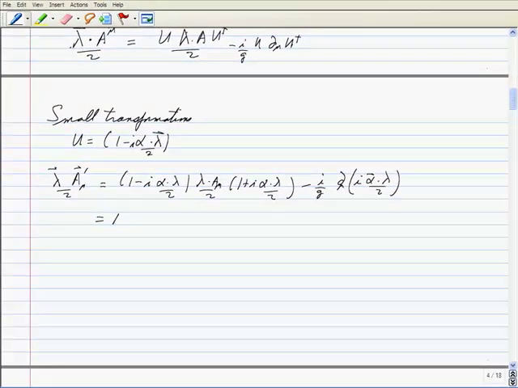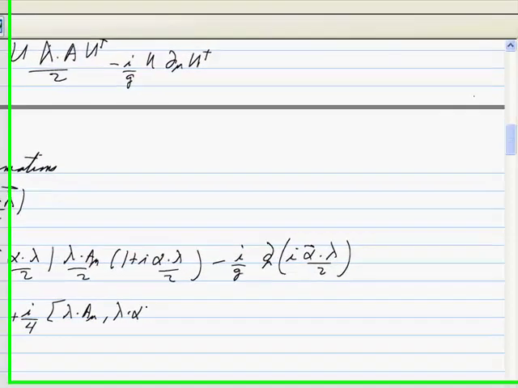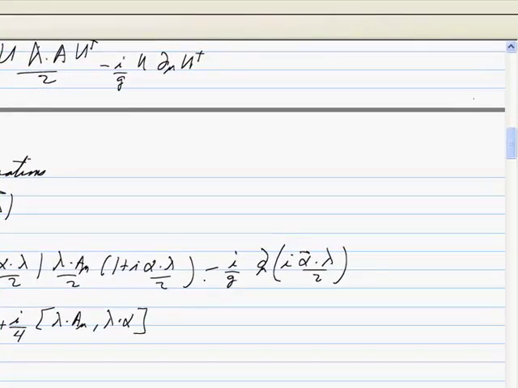So the piece we first keep is lambda dot A over 2, and then I end up with plus I over 4 lambda dot A commuted with lambda dot alpha, and then here it's plus 1 over g d mu alpha dot lambda over 2.